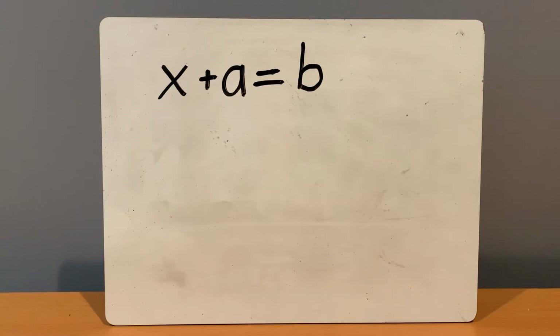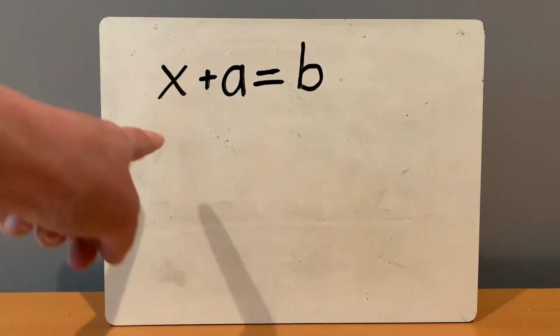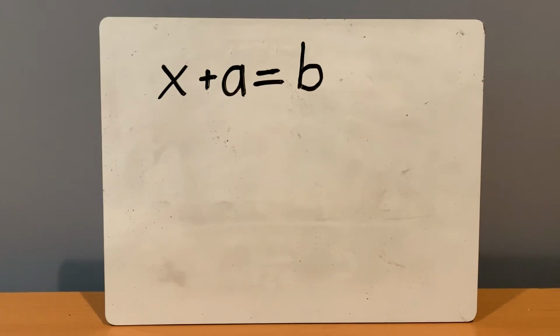Now we can rearrange or transform literal equations by using rules that we've already learned. Looking at this, if I asked you to solve for X, we would solve for X by getting X alone on one side of the equation. So we want X to be isolated by itself on one side of the equal sign.